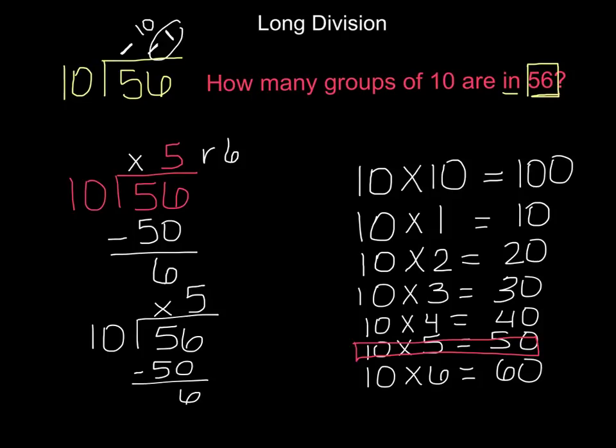I'm going to say I have 5 whole 10s inside 56 with 6 out of 10 left over. Try to get away from using this word, remainder. Do not start using that. I want you to start to think of this as saying 6 parts out of 10 are left over.